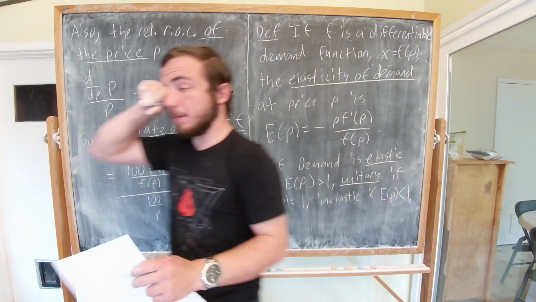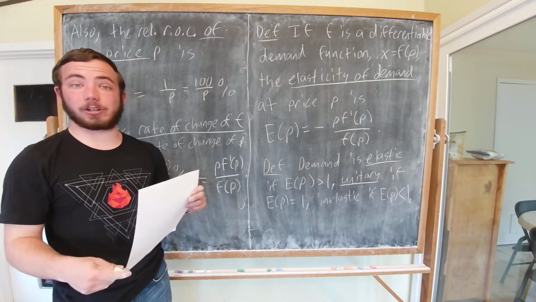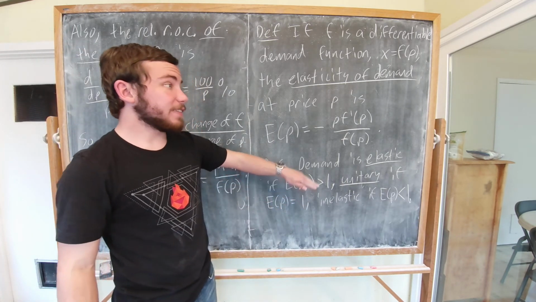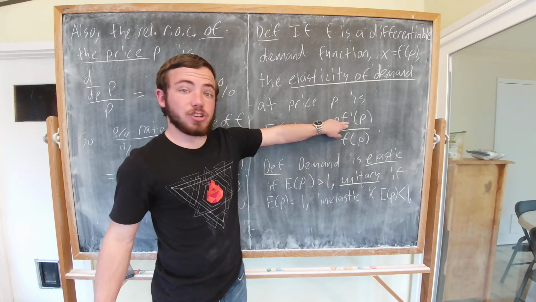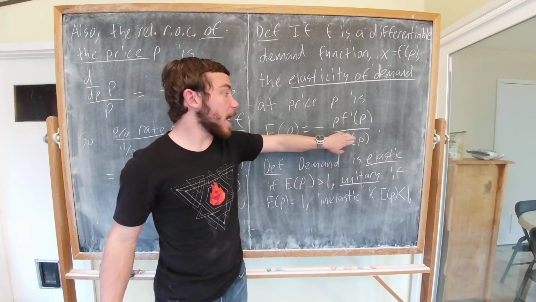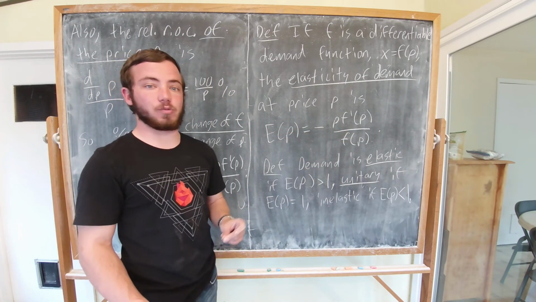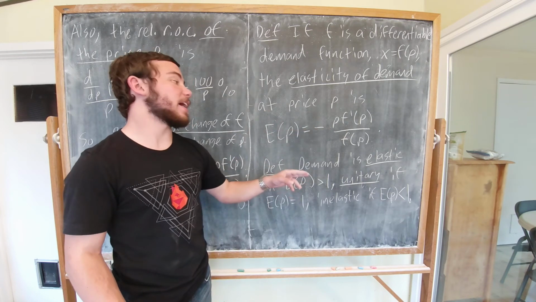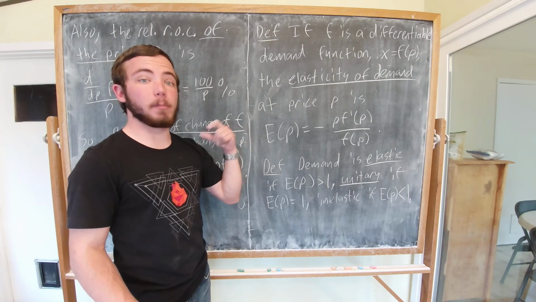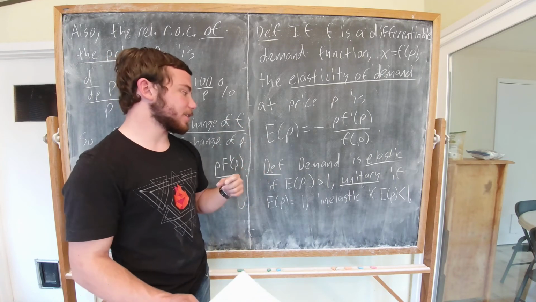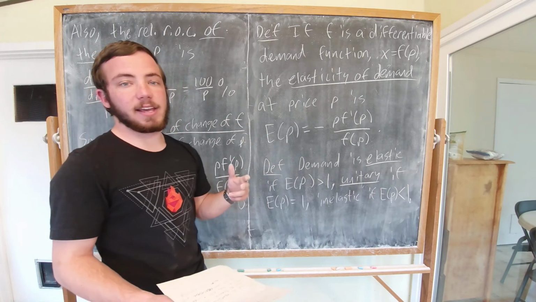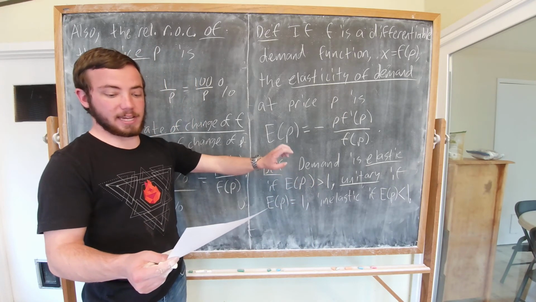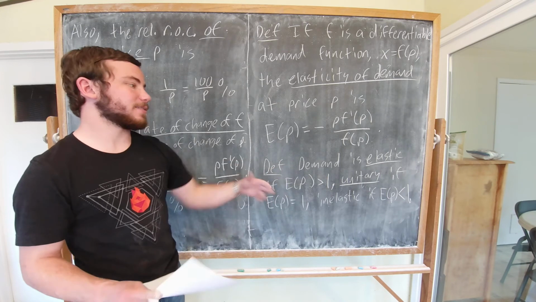So let's think about those definitions, why they are good words for that. We're saying, hey, if E of P is greater than 1, that means the rate of change is overpowering the actual change in the demand. Right, so it's changing more than the demand change. In other words, we're having a small change in price cause a greater change in demand.